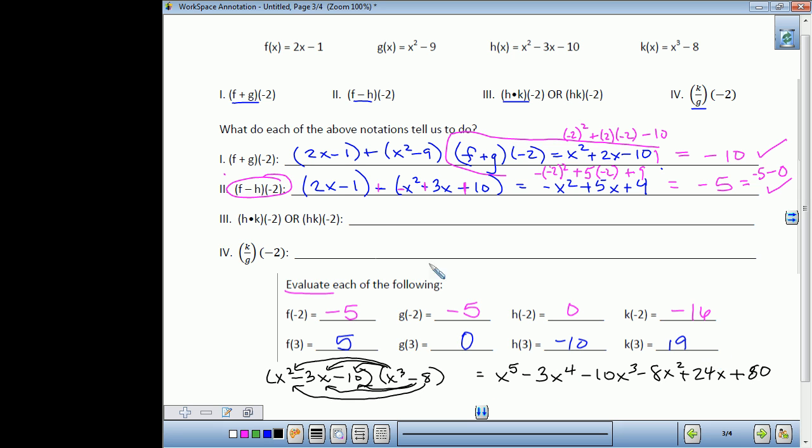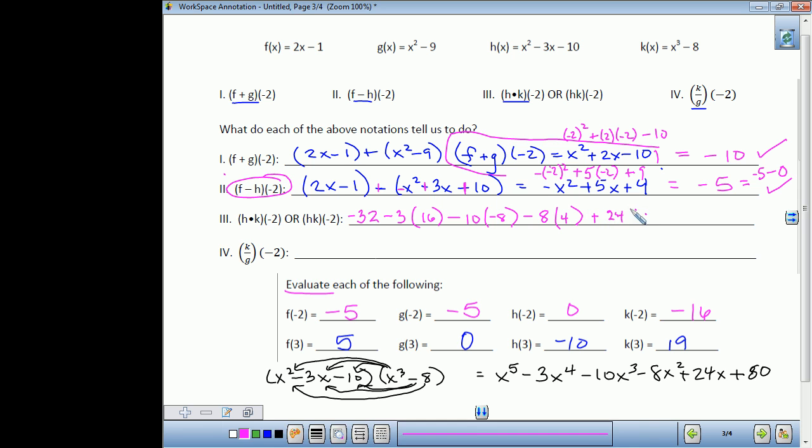So if we evaluate this for negative 2, if we plug in negative 2, I get negative 32. Plug in negative 2, I get 3 times 16. Negative 2 to the third is negative 8. And we get 4. And positive 24 times negative 2.